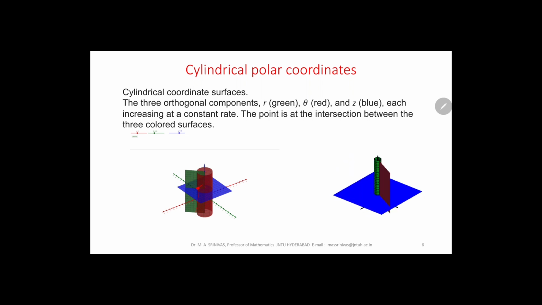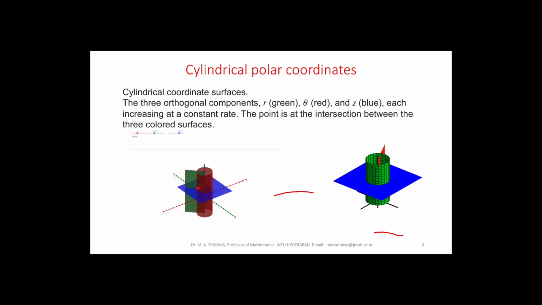Once you know the cylindrical polar coordinates, easily you can get x is r cos theta, y is r sin theta, z is equal to z.